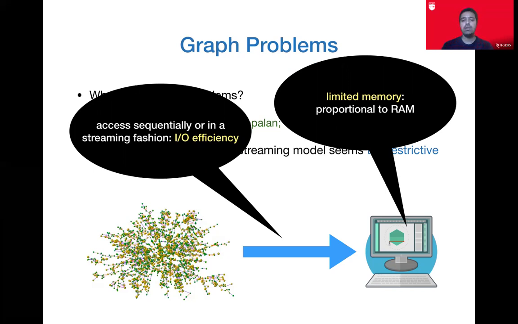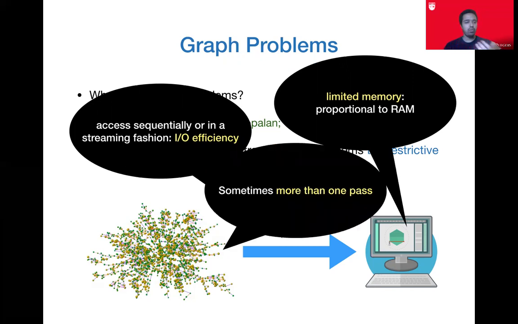Another important aspect is that in this example, it will not be too awful if you couldn't process your entire graph in one pass and you decided to make one more pass over the input. This is very different from a network, where the data is completely lost after it passes through the router or the switch.